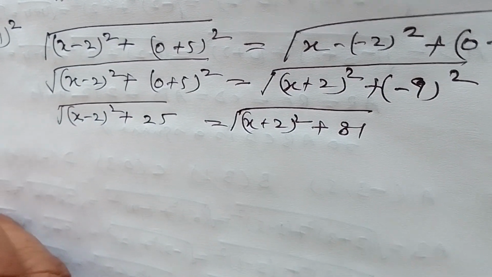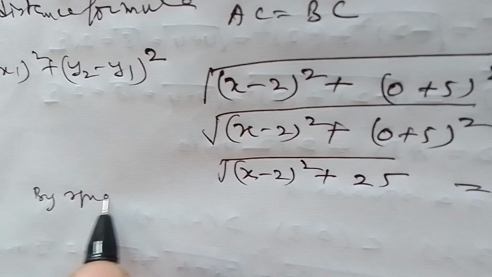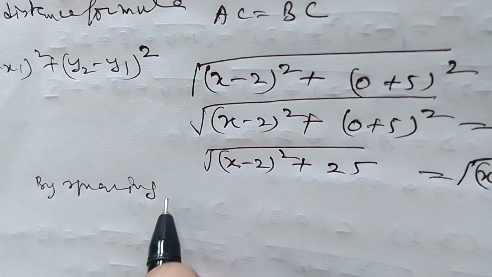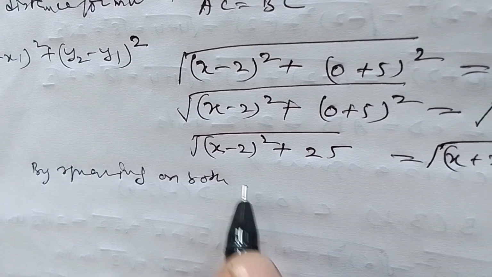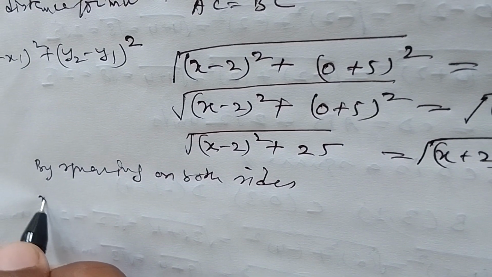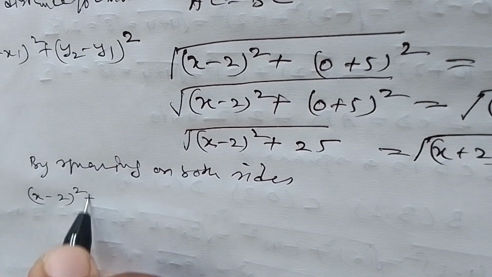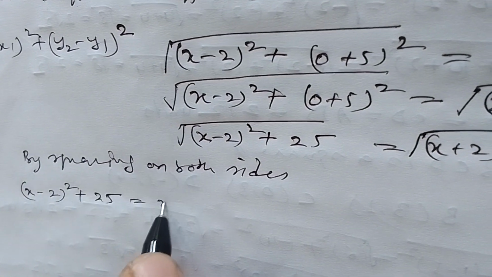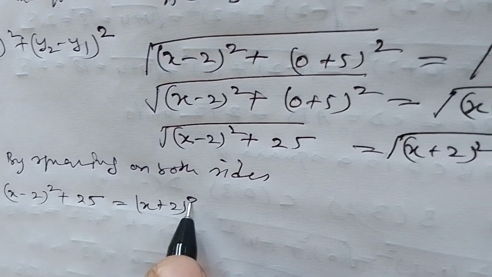Now by squaring on both sides, we will cancel the under root term, so it will remain as (x − 2)² + 25 = (x + 2)² + 81.